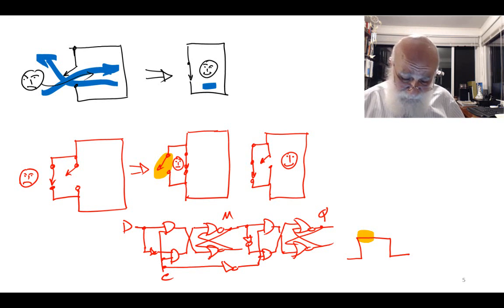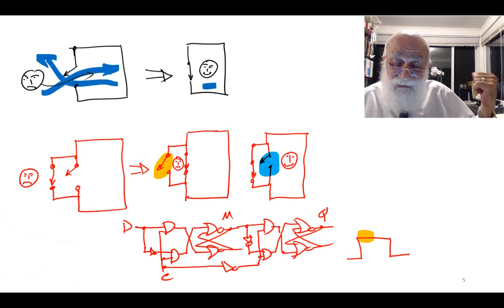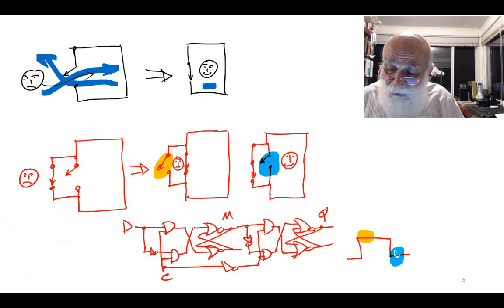Then when clock becomes 0, it is this situation here, meaning that the front door is closed, the inside door is open, and therefore you are letting your D go all the way to the output.